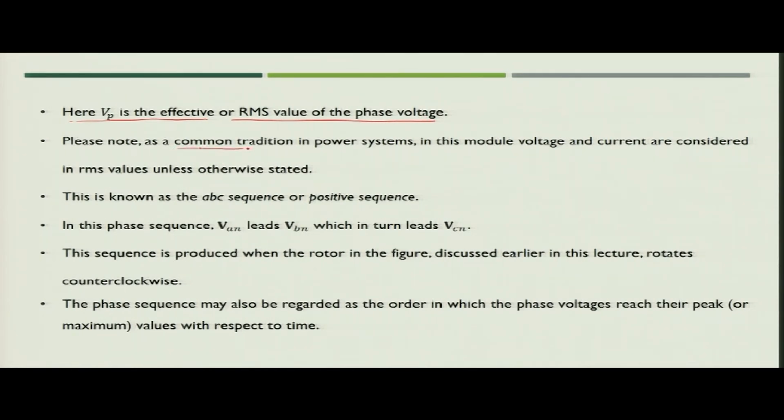The common tradition in power systems is the use of RMS values, so in this module also the voltage and current we will consider in RMS values, or otherwise stated in the particular discussion. So, what we get here is the ABC sequence, or the positive sequence, of the phase arrangement.